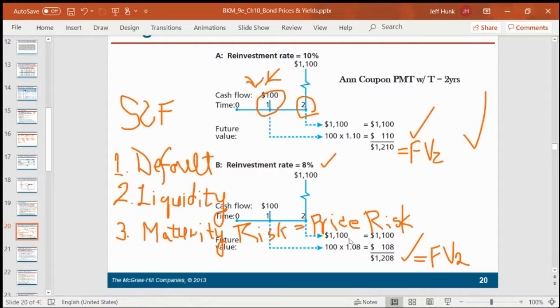That's why it's also called price risk. The longer the maturity, the higher the chances of interest rate change, which affects the price. It's also called interest rate risk because it comes from changes in interest rate.